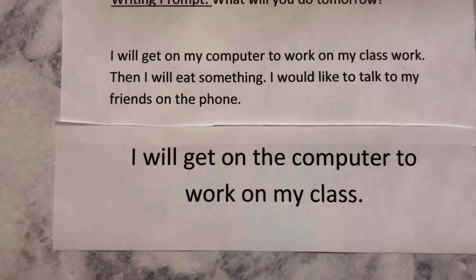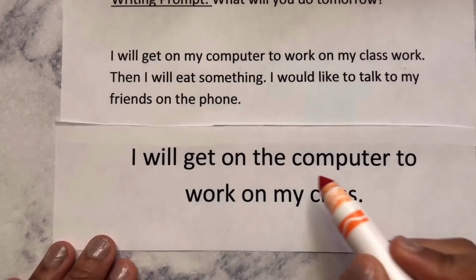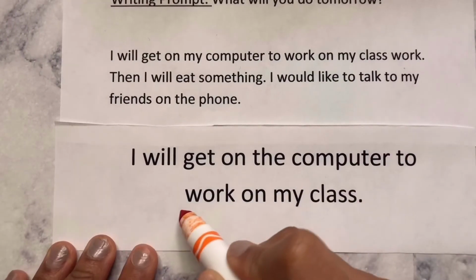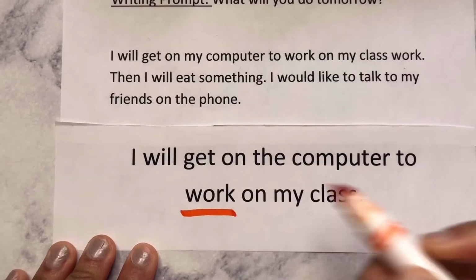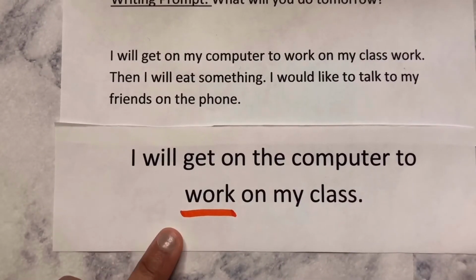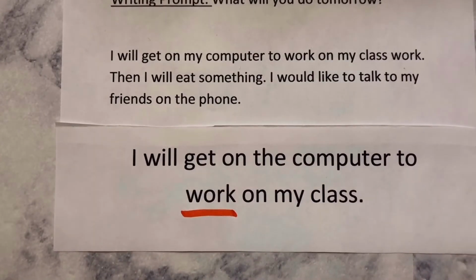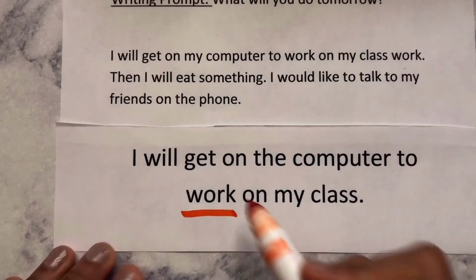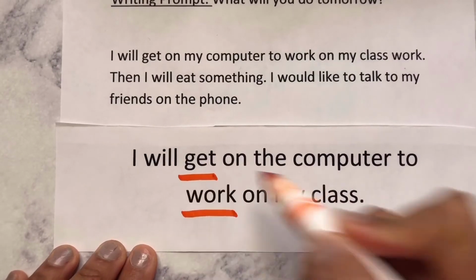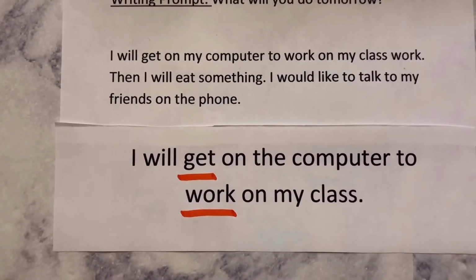I can think about another word for computer, but I'm going to go with work, which is a tier 1 word that I can probably change to another tier 2 word. Another simple one is get. I will get on the computer. So we can think of words like arrive. I will engage on the computer.